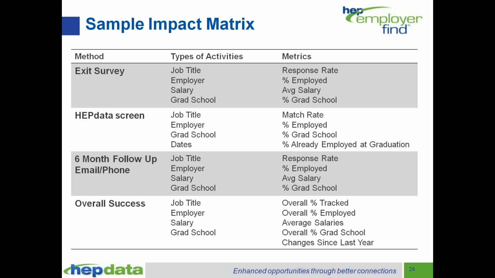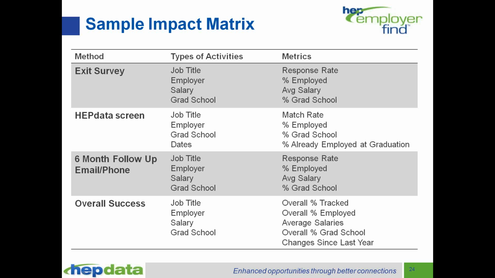Typical matrix would be overall response rate, the percentage that are employed, your average salary, percentage that go on to grad school. If you include the HEP data screen, the activities you'll get back, the data, job title, employer, grad school, dates employed. So what you want to do there is have metrics like match rate, once again percent employed, percent that go to grad school, and percent that were already employed at graduation.